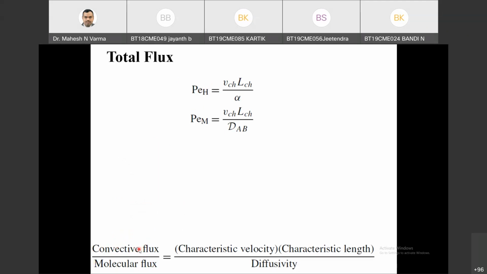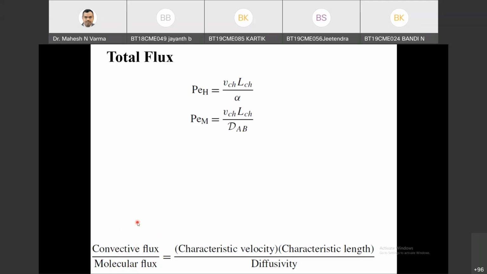If the Peclet number is very low, say 0.01 or 0.001, then the molecular flux is dominating. If the Peclet number equals 1, then convective flux equals molecular flux, so both are important. This is the importance of the Peclet number.